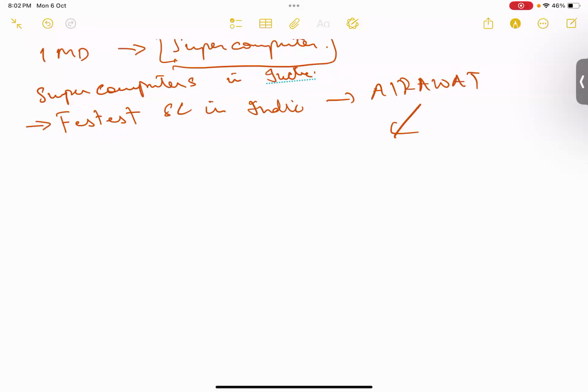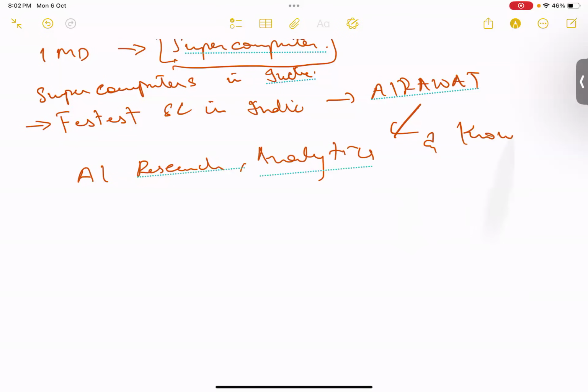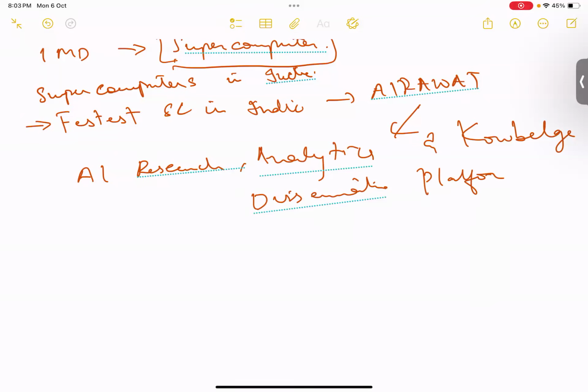So the full form of iRobot is AI Research Analytics and Knowledge Dissemination Platform, okay? So this is considered to be the fastest supercomputer in India as of now, okay?